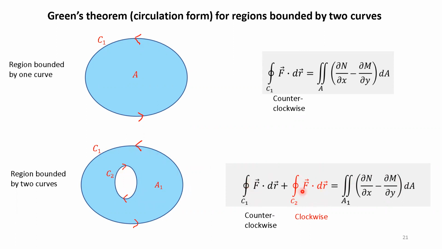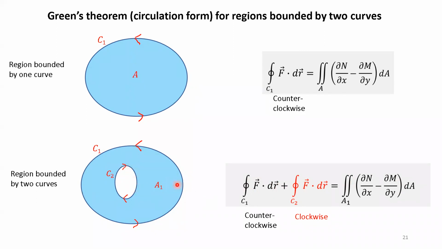And the left-hand side becomes the sum of two line integrals: the line integral over the outer boundary plus the line integral over the inner boundary.